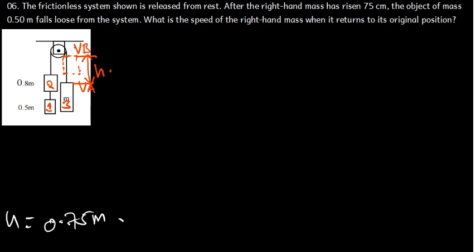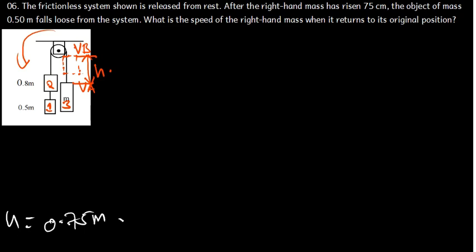Initially this system was going in this direction because the weight of the combination of 0.5 and 0.8 was greater than the weight of the mass 3, the block 3.